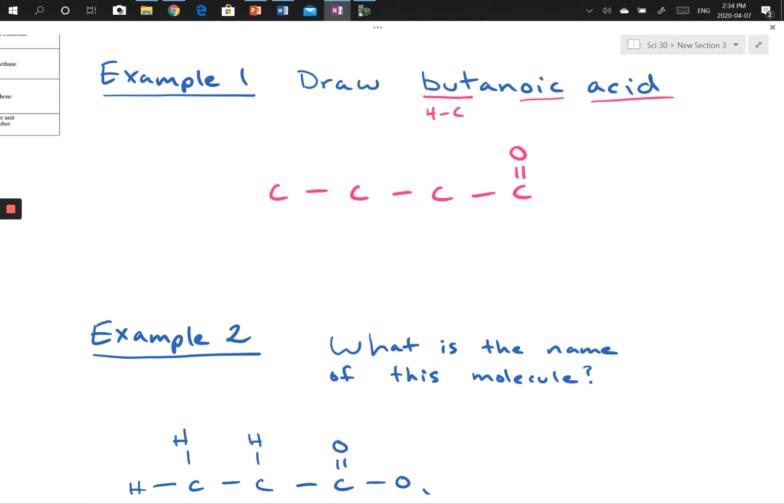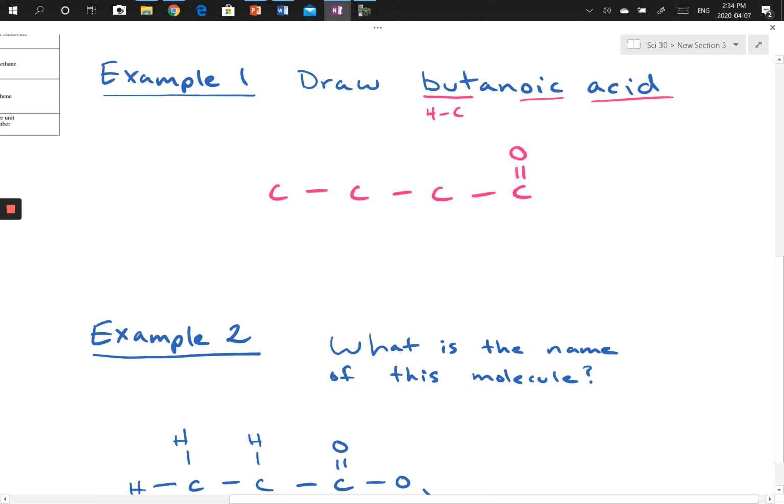But you remember oxygen can make a maximum of 2 bonds, and carbon can make 4. Oxygen can make a single bond or a double bond. Carbon could make a single bond, a double bond, a triple bond. Carbon could theoretically make a quadruple bond because it can make 4 bonds. Hydrogens are always on the outside of our molecule because hydrogens can only make 1 bond.